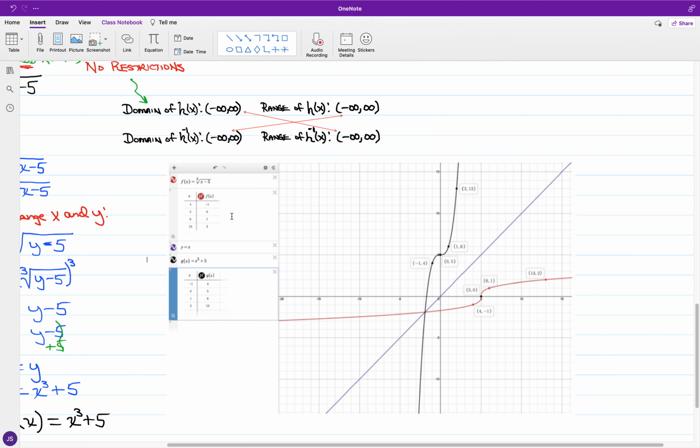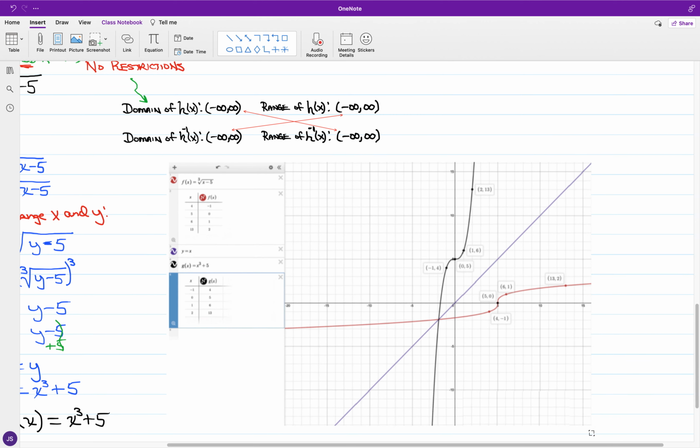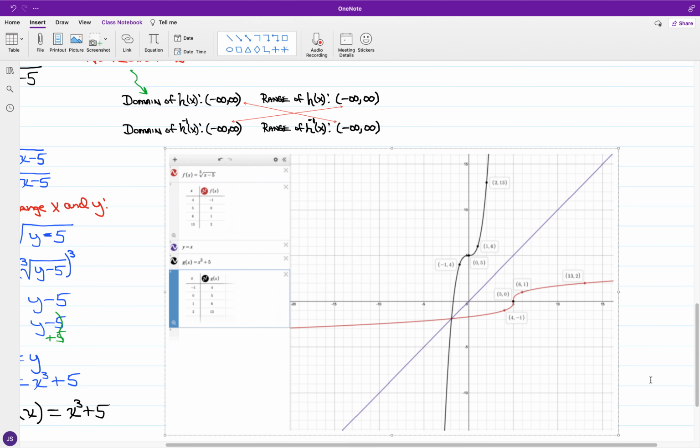This is in reference to the one-to-one function where we have y is equal to the cubic root of x minus 5. Among the ordered pairs, you have (4, -1), (5, 0), (6, 1), (13, 2). And with the inverse, you have y is equal to x cubed plus 5, and you have the reverse of these ordered pairs: (-1, 4), (0, 5), (1, 6), and (2, 13). Just to name a few of the many ordered pairs that are inverted.